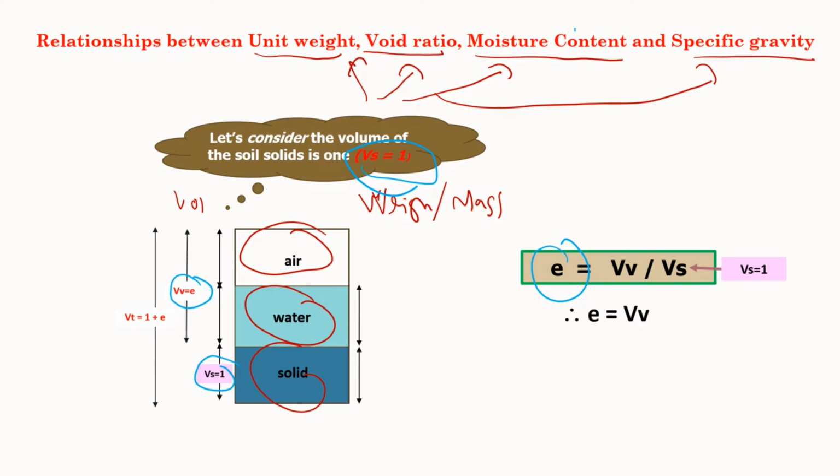So the volume of void is now equal to e, right? We know that total volume is equal to Vv plus Vs. Vv is equal to e now, and Vs is already considered as 1. Therefore, total volume will be equal to 1 plus e.